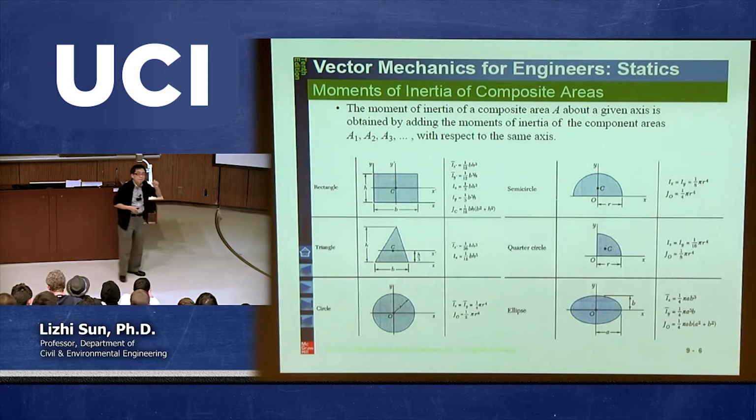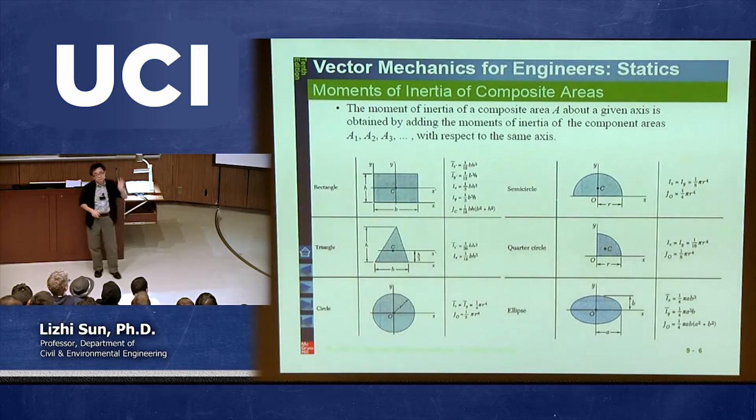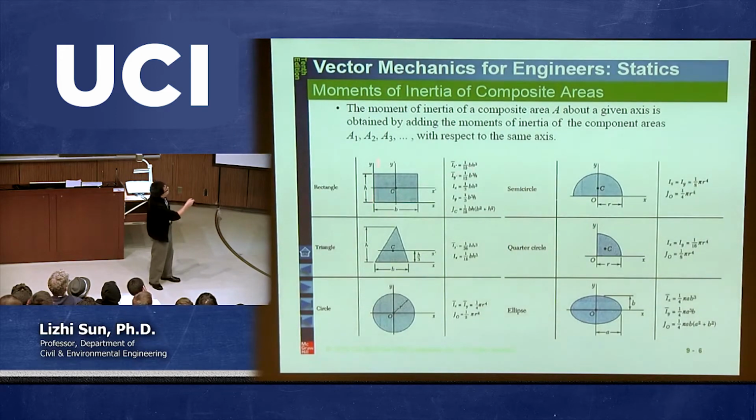But in reality, people rarely use rectangular beams for design. If you look at the buildings, look at the bridges, people rarely use these simple-shape beams. The reason is that they are not very effective, even though, as I said, a higher H is much better compared with a smaller H.